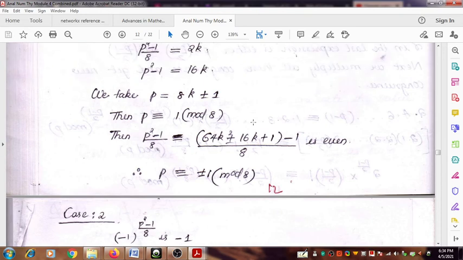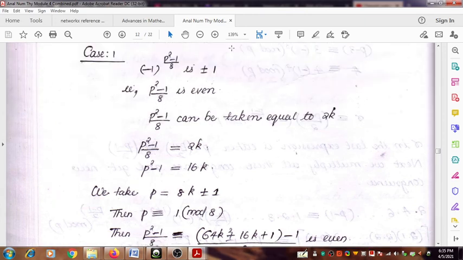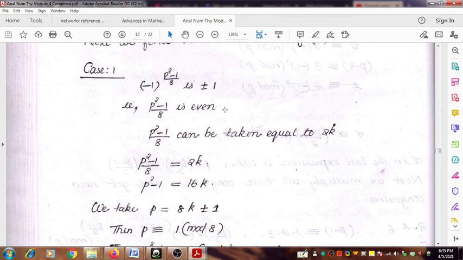Then we get that this quantity is equal to 1. That is when p is congruent to plus or minus 1 mod 8, the quantity p square minus 1 divided by 8 is even, and when that quantity is substituted as the power of minus 1, we get plus 1 there.